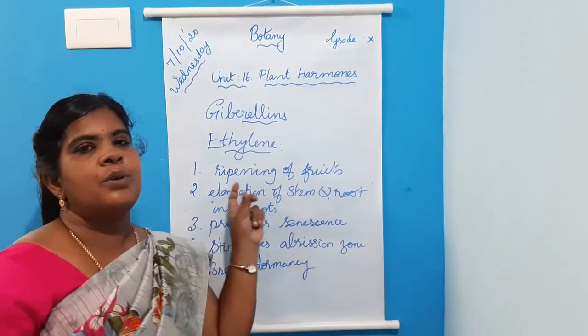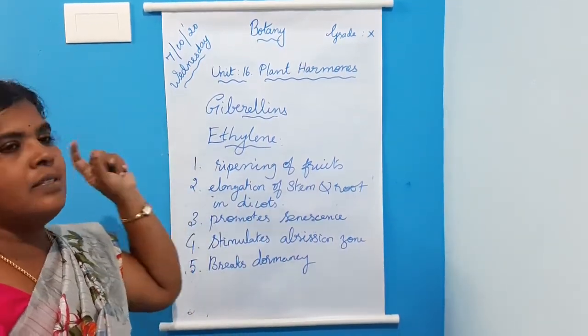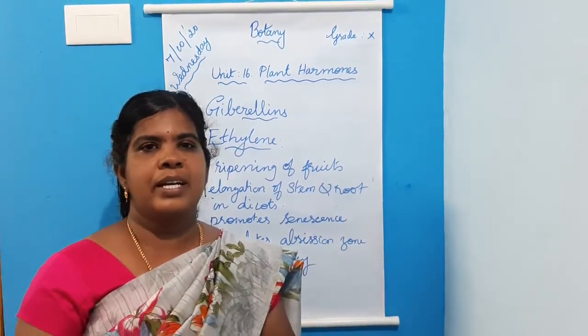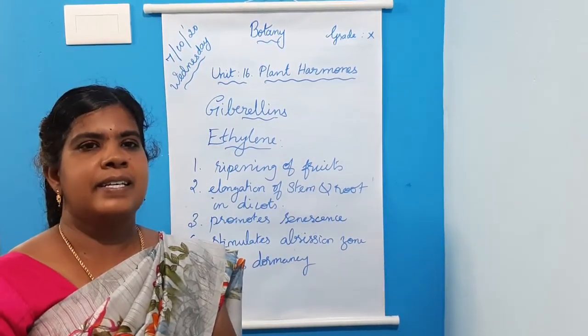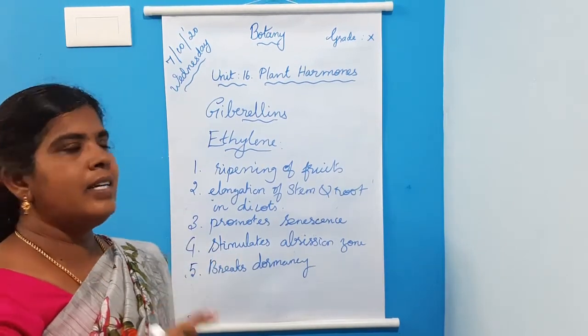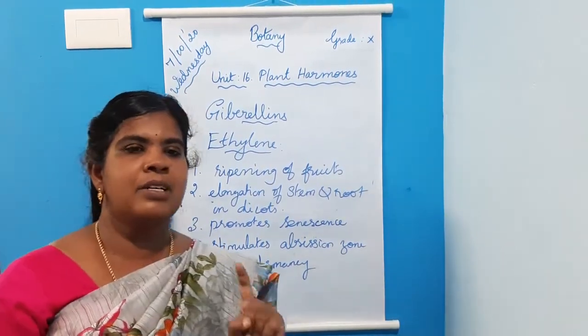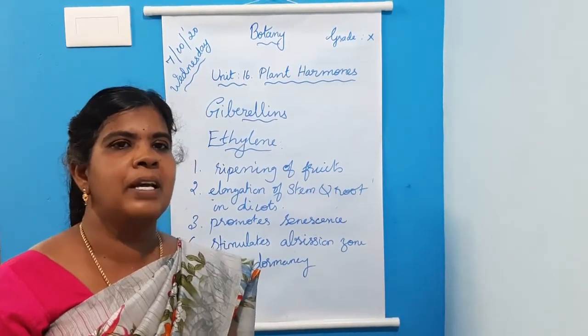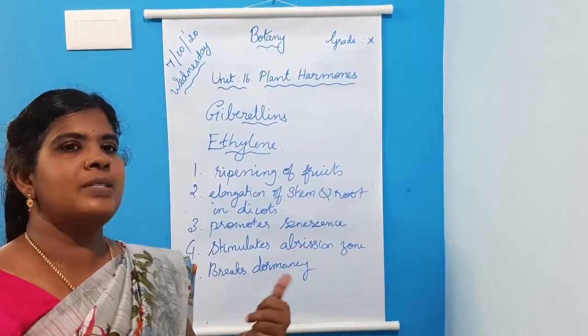Okay children, so you have learned about the 5 plant hormones: auxin, cytokinin, gibberellin, abscisic acid and ethylene, isn't it? Which is the first plant hormone discovered? Auxin. Which hormone is most abundant in plants? Gibberellic acid or gibberellins.